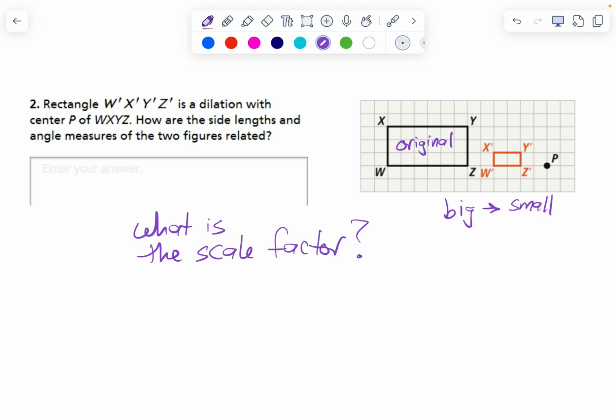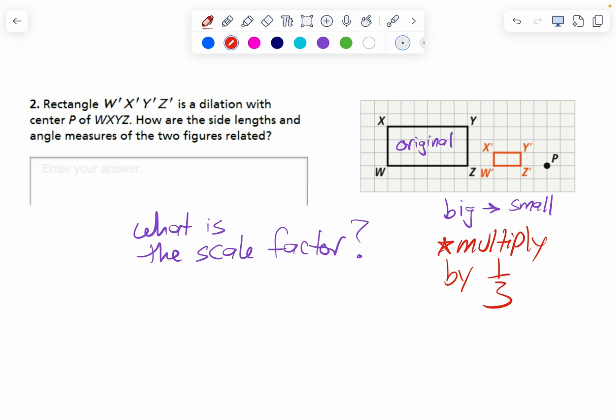Micah said, tell everybody again what you said. He said divide by 3, which is an accurate process, but what is the scale factor? Okay, or 1/3, right? So to multiply, we would need to multiply by 1/3. So do you see how it's important to know which is the original and which is the new figure?